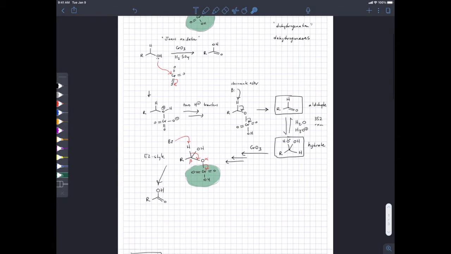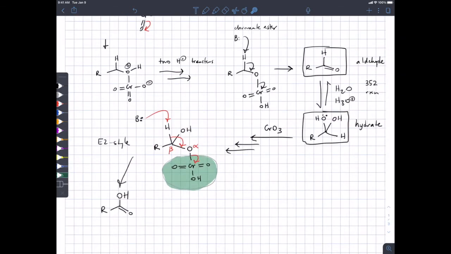And then the aldehyde is in equilibrium with the aldehyde hydrate, which can then undergo a second round of oxidation to get to the carboxylic acid, which is the final product.